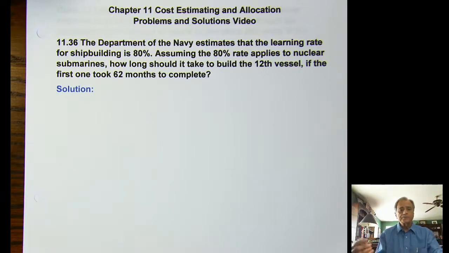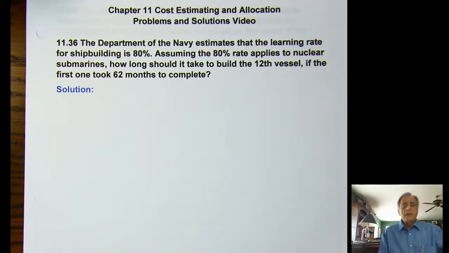However, when I looked over all of your homework problems, and in fact I always work all the homework problems, I found that the other areas of the chapter were covered fairly well, except for learning curves. So that's why I'm working two out of the three problems here today that are learning curve problems.